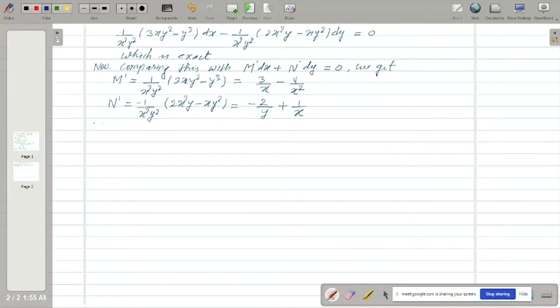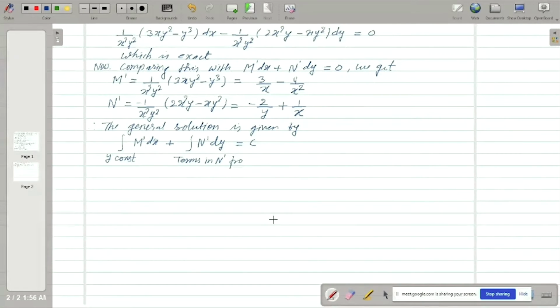Therefore the general solution is given by the formula: integrating M dash with respect to x by treating y constant, plus integrating N dash with respect to y, taking only the terms in N dash free from x, and this is equal to c.